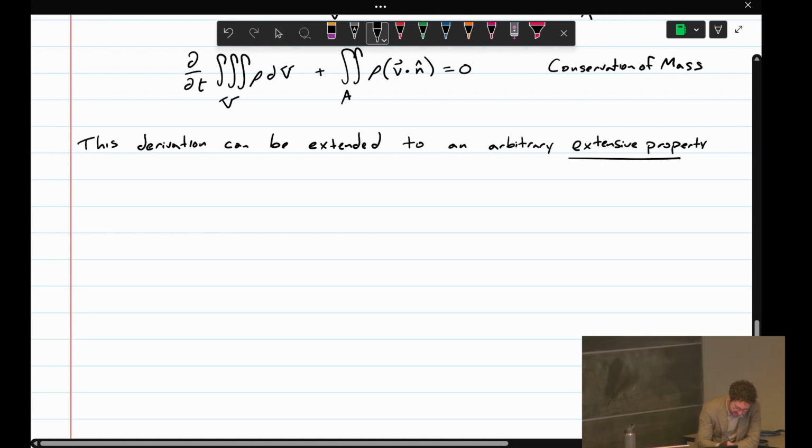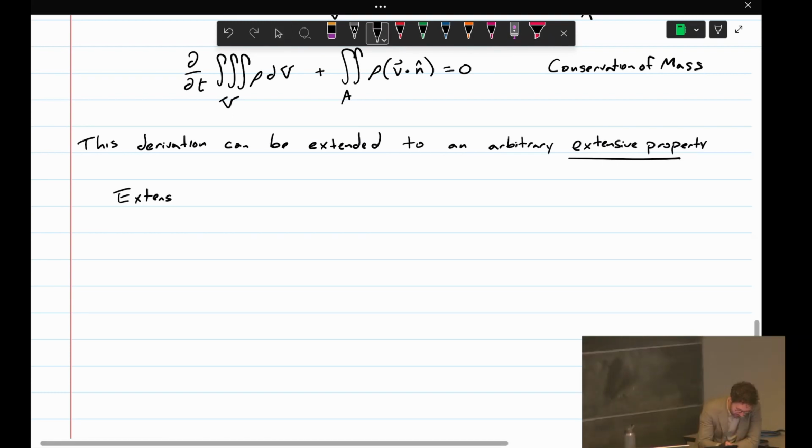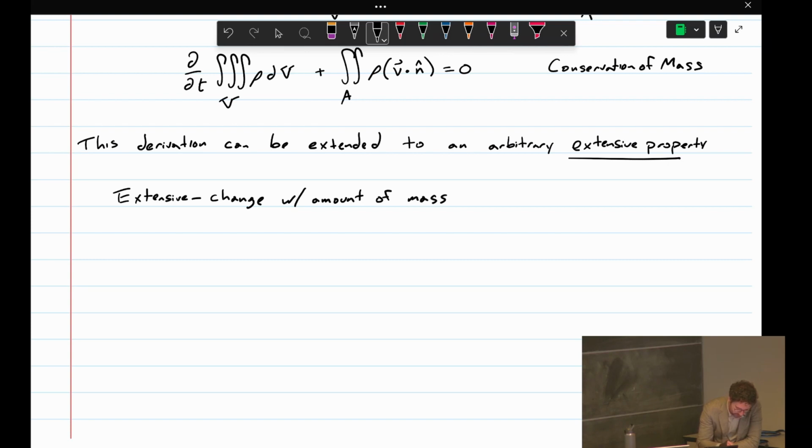So a reminder, extensive properties change with the amount of mass. So for example, mass, of course, changes with the amount of mass. One half m v squared, the momentum. Intensive properties change with, let's say, the type of mass.